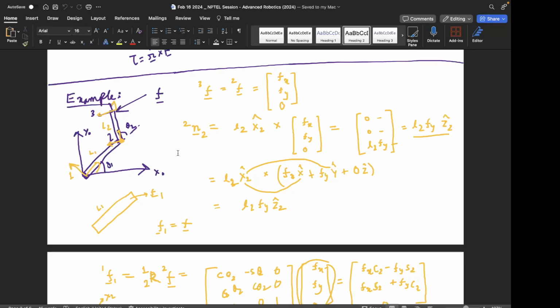So free body diagram and drawing that correctly is the most important step in understanding and solving problems around these concepts. And once you draw the free body diagram correctly, then after that everything is just force balance and moment balance, right? Whether it be statics or dynamics.